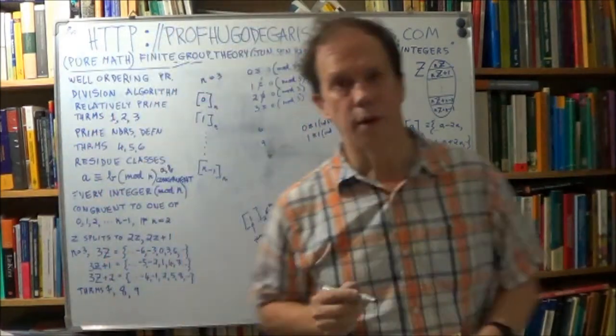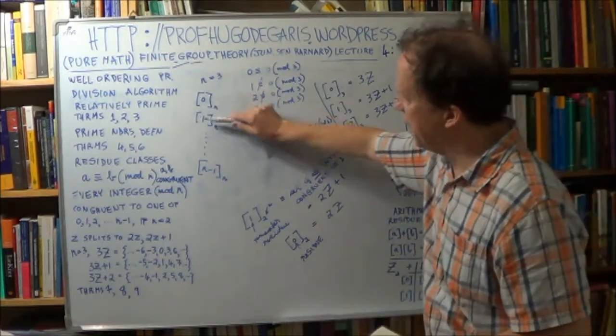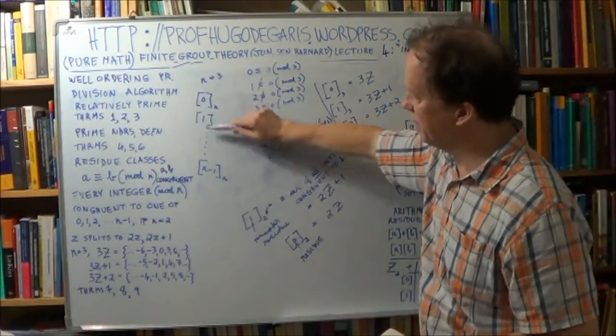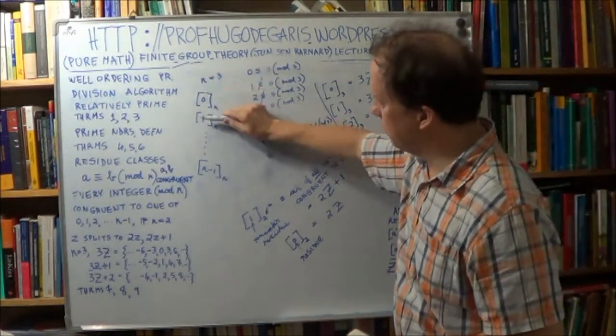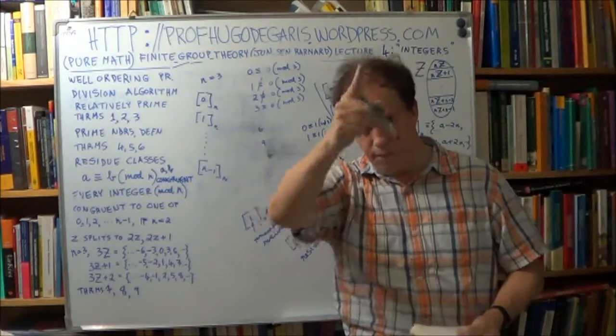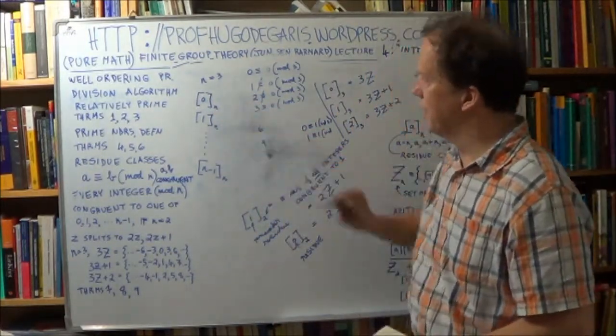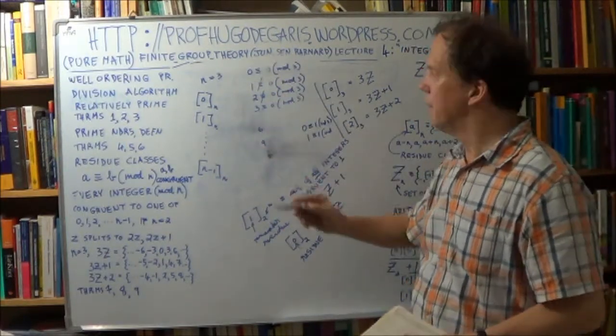So if your mod is n, you will have n distinct residue classes. And if you union all of these classes, you will get z. You get all the integers.